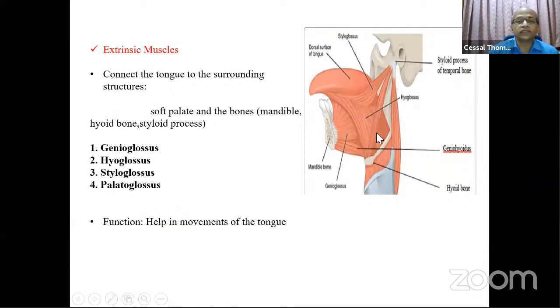So here you can see the hyoglossus originating from the hyoid bone, and it is reaching the lateral surface of the tongue, and the genioglossus from inside the symphysis menti, and it is fan shaped and reaching the dorsum of the tongue. So these two muscles, hyoglossus number one and genioglossus number two.